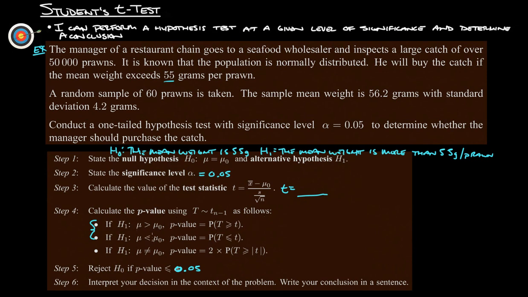Now we have to figure out which one of these we want. The null hypothesis is that it's 55 grams. We want to know when our mean is more than the null hypothesis mean, so we want to pick this one here, greater than 55.